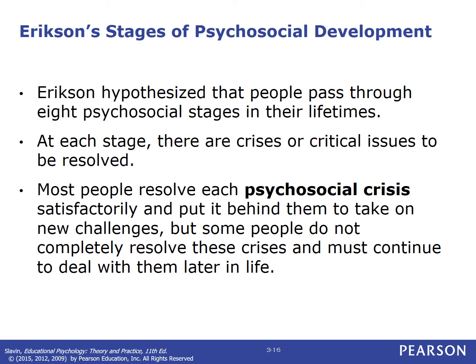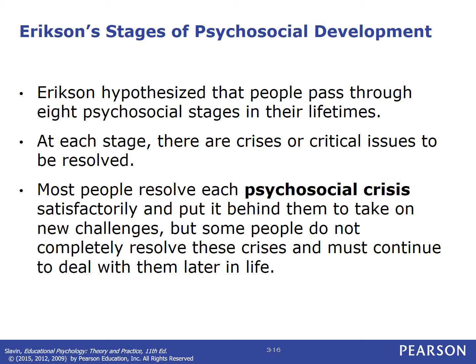Erikson studied stages of psychosocial development. He hypothesized that people pass through 8 psychosocial stages in their lifetimes, and he studied them from birth through old age. And he said that at each stage, there are crises or critical issues that come about, and the individual has to go about resolving them.